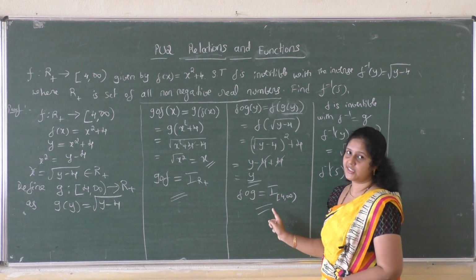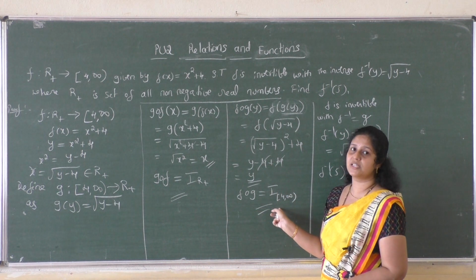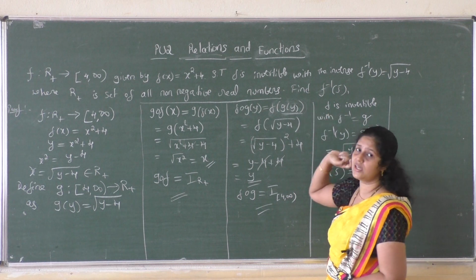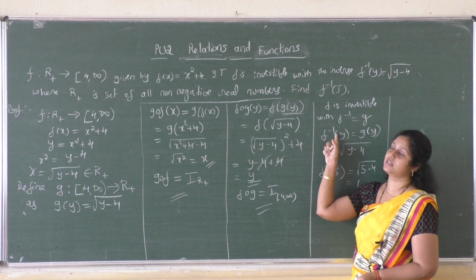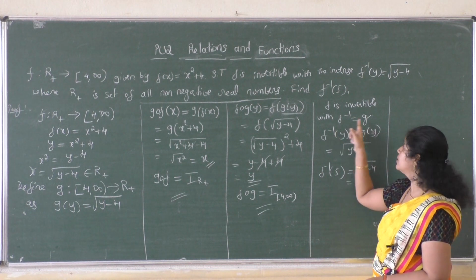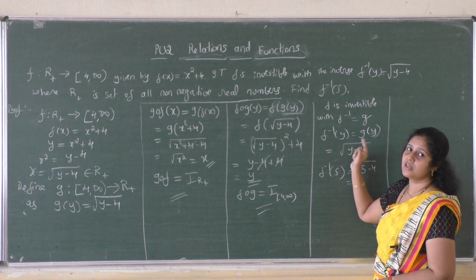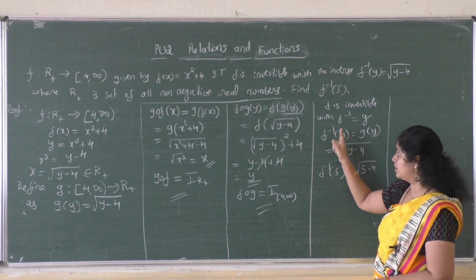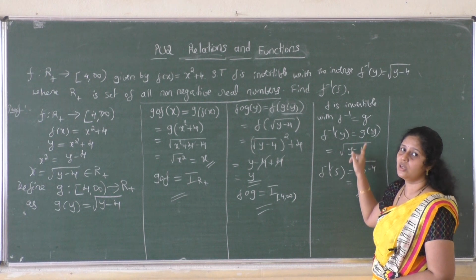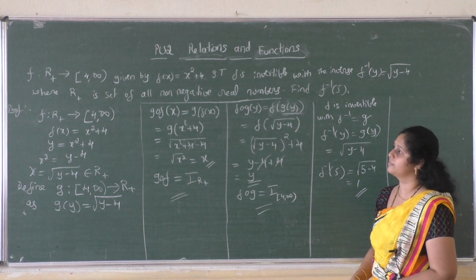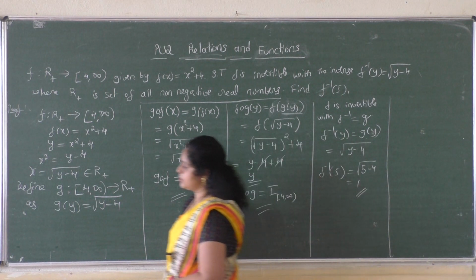Then g of f identity, f of g identity, that means f is invertible, give that conclusion, f is invertible. Then write what is f inverse. f inverse is g, nothing but g. Then write that function f inverse of y is the inverse function, f inverse of y is equal to g of y. Okay, now let us see another question.